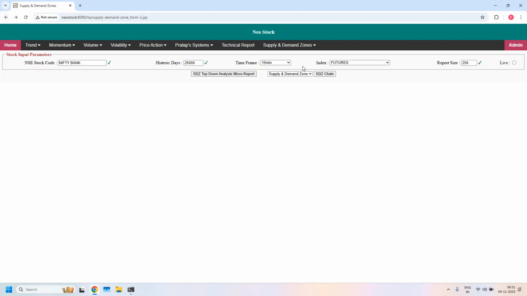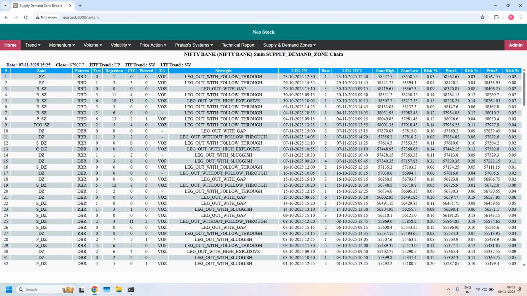Next, generating 5 minutes supply demand zone chain for Bank Nifty. So this is a Bank Nifty supply demand zone chain report.